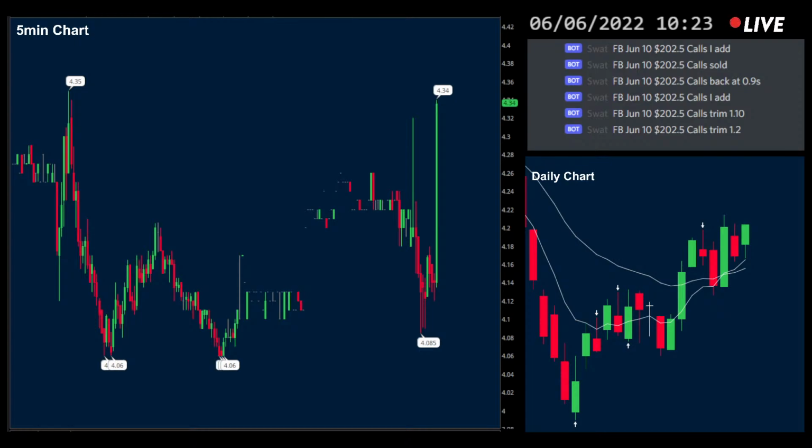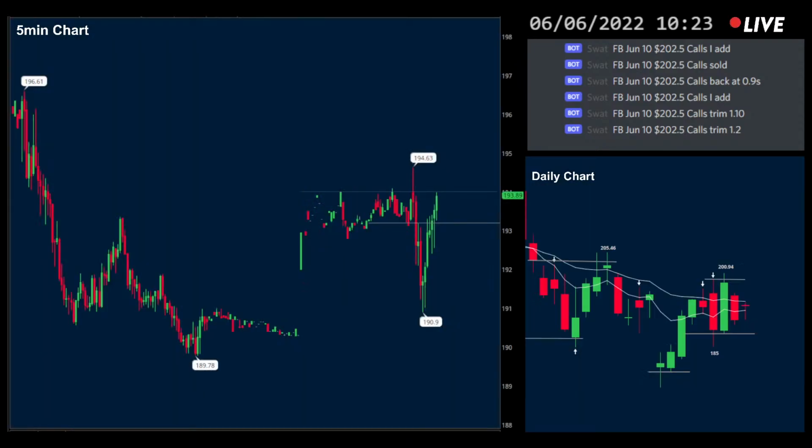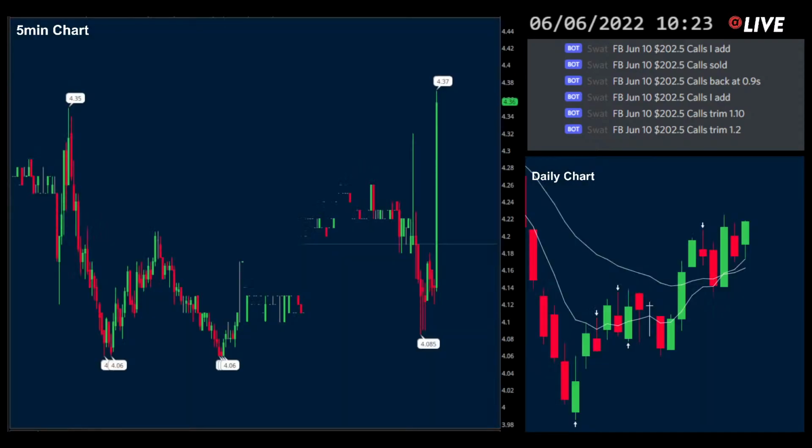Some bull flow on FSLR. Not sure if there's news, but yep, going. New highs on the day as we speak. FSLR going, and going.